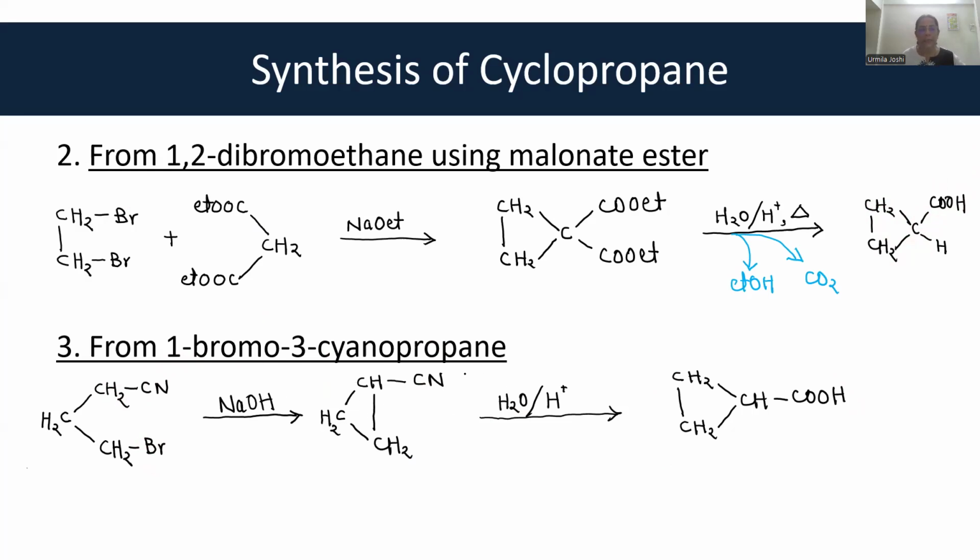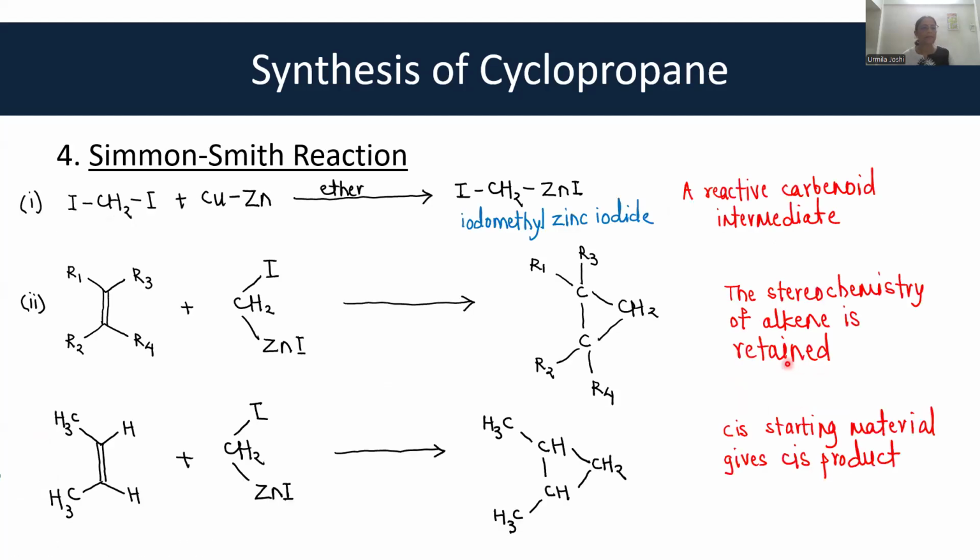This cyanocyclopropane is hydrolyzed very easily in the presence of water and dilute HCl to form cyclopropane carboxylic acid. Okay, let us go to the next slide.